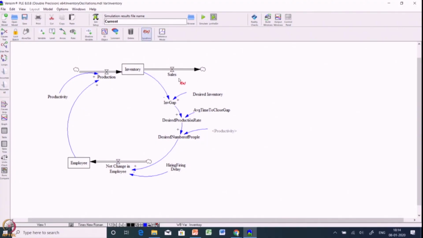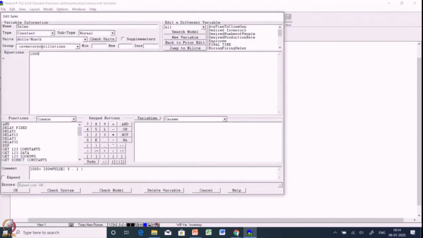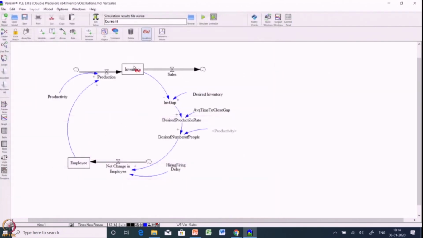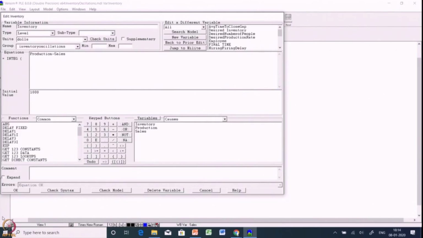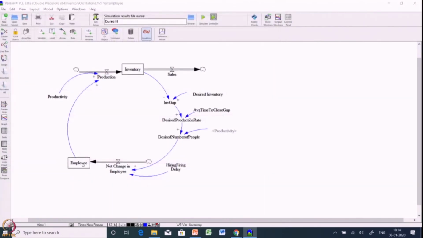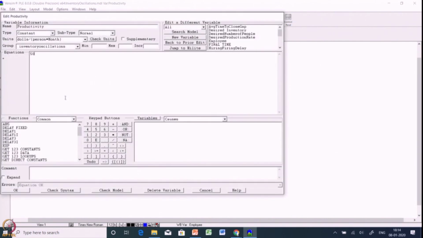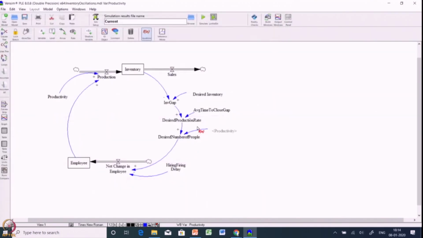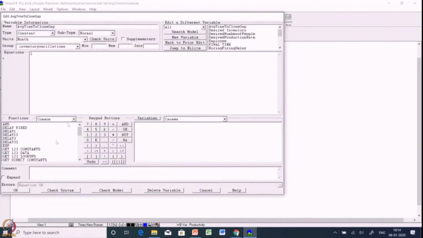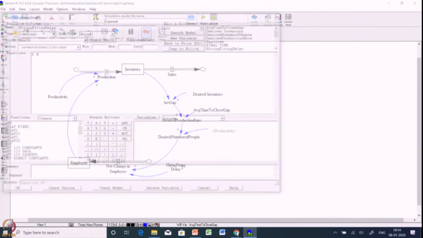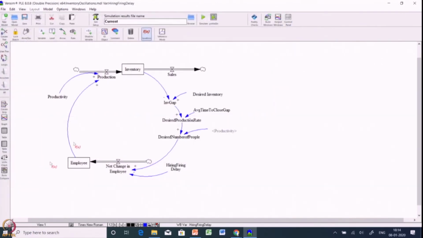It is the exact same model we just saw. Sales is constant at $1000 per month, inventory initial value is also $1000, employee is 20 initially, productivity is $50 per person per month, time to close gap is 2 and hiring and firing delay is 0.5.